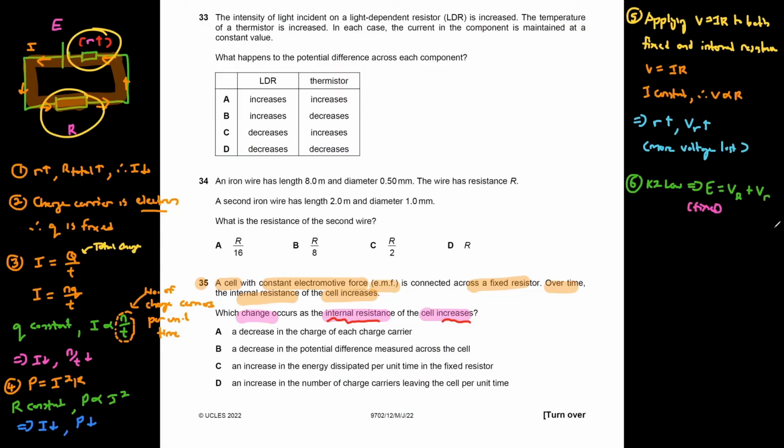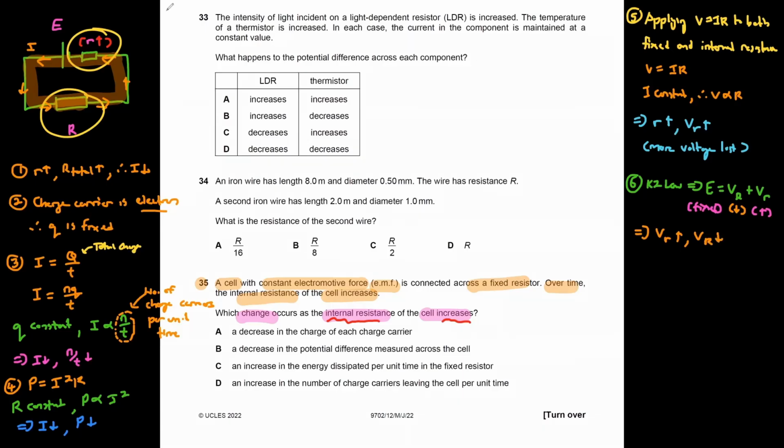And then we already determined from above that the PD across the internal resistance is increasing. There's more voltage loss. So what should be the PD across the fixed resistor then? It should actually be decreasing, so that when it adds up with your voltage loss, you're getting back the same EMF. Okay. So for here, what we can say is that if your voltage loss is increasing, the voltage across your fixed resistor will be dropping.